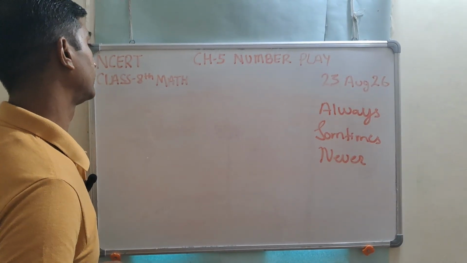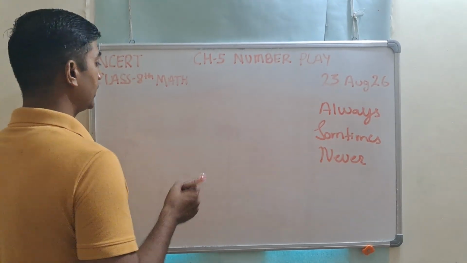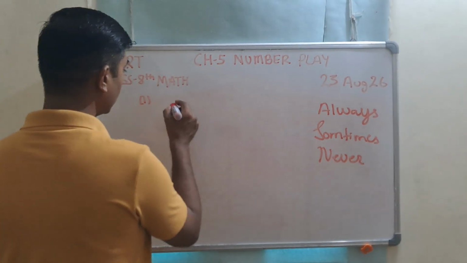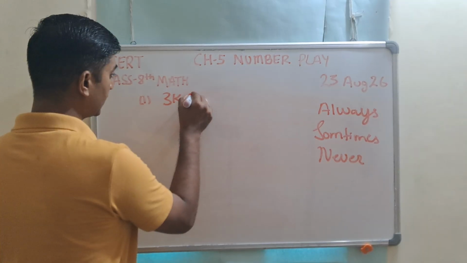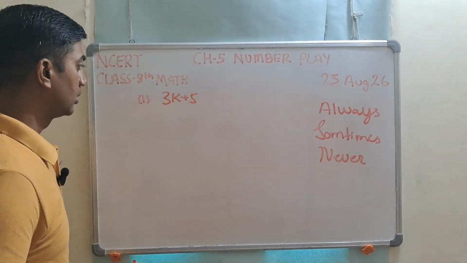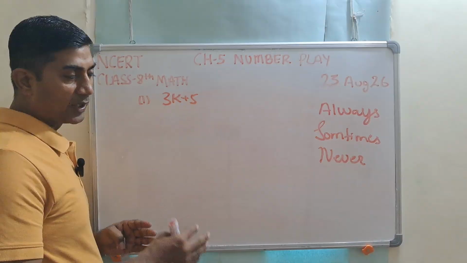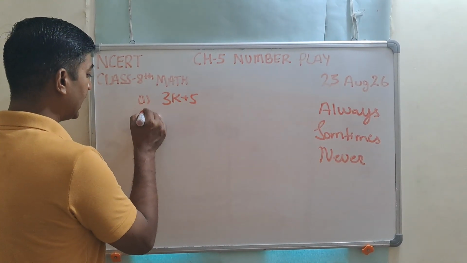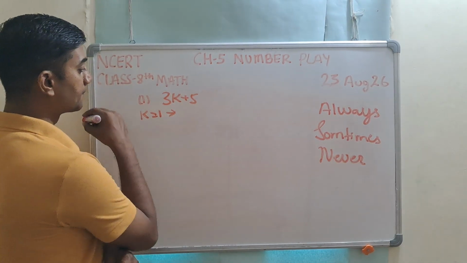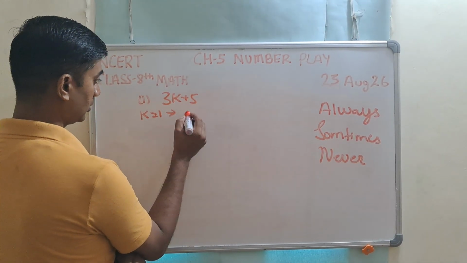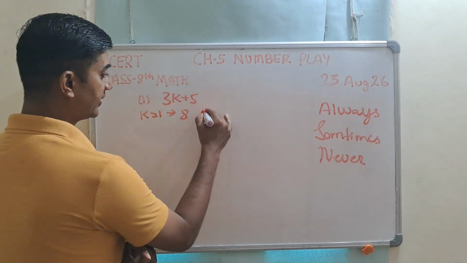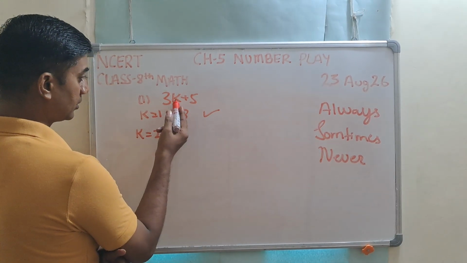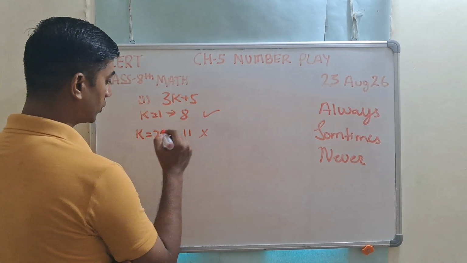Now see, what is the first expression they have given? The first expression is 3k plus 5. Now we will check. We'll check up to three or four values, and then we will decide. When k is equal to 1, we see 8. Understood? So it is true. When k is equal to 2, the result is 11. This is not true.